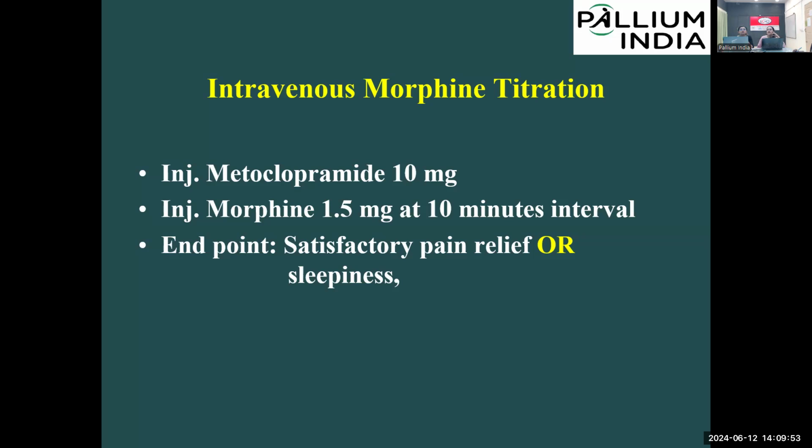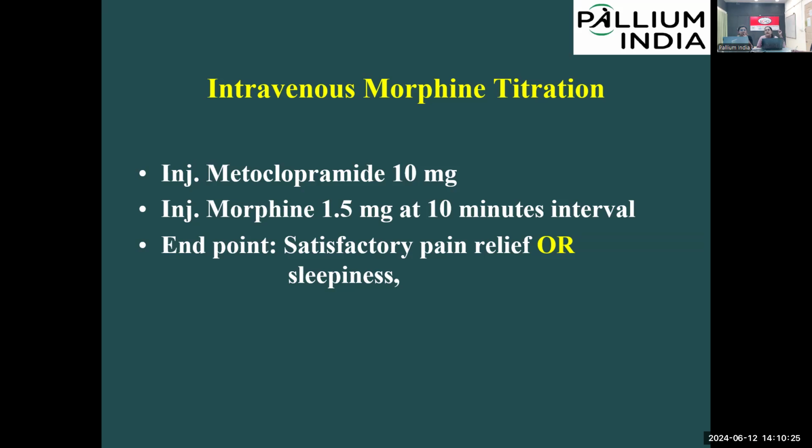Yes, nausea and vomiting is one of the most immediate side effects of morphine that we can expect. So keeping that in mind, before starting the titration process, we would start with injection metoclopramide 10 milligram IV. So once we prepare the patient for the morphine titration, we'll check the vitals, check the respiratory rate, and record the pain score of the patient.